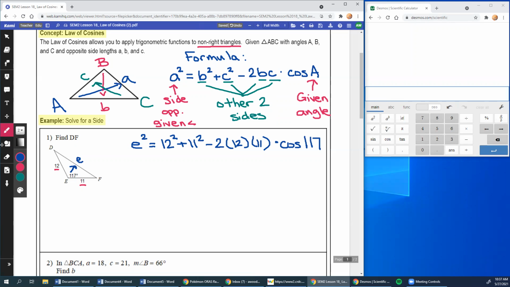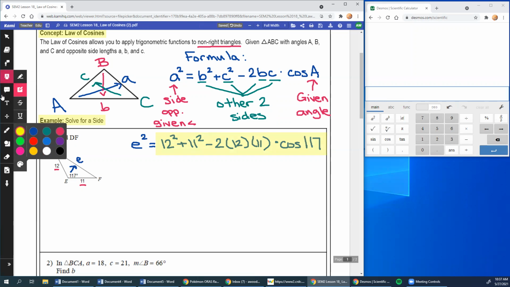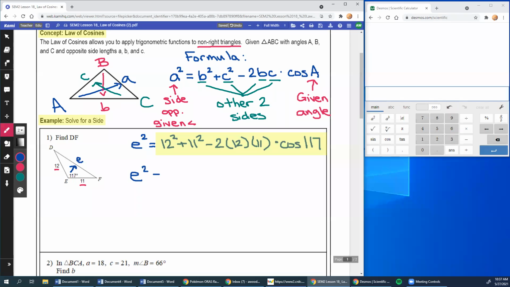Now, you can plug this whole thing directly into your calculator. So e squared is equal to, let's come over here to my calculator. 12 squared plus 11 squared minus 2 times 12 times 11, and then times cosine of 117.